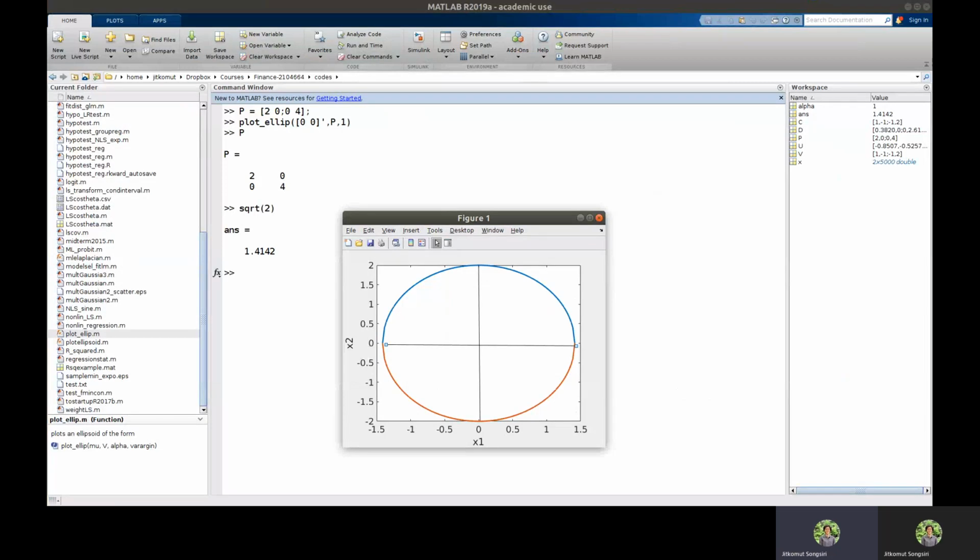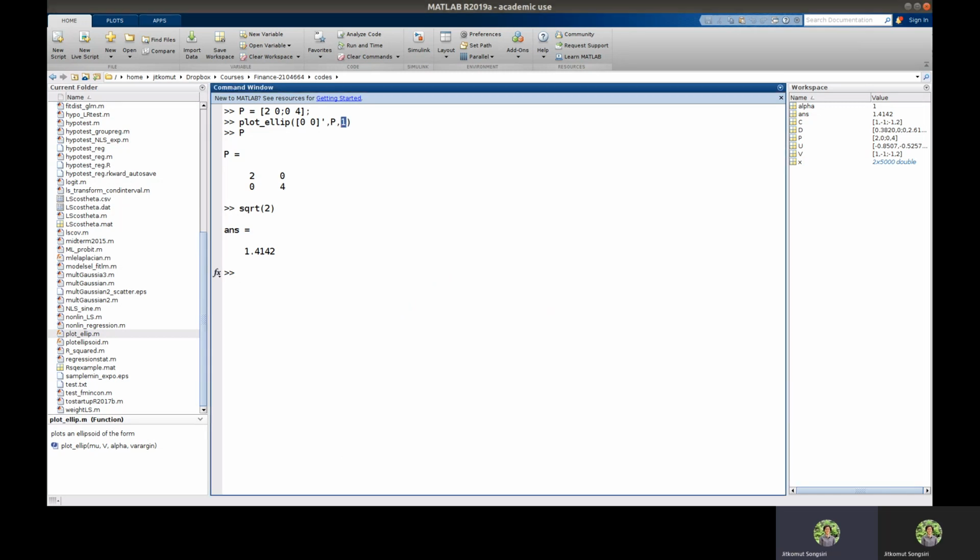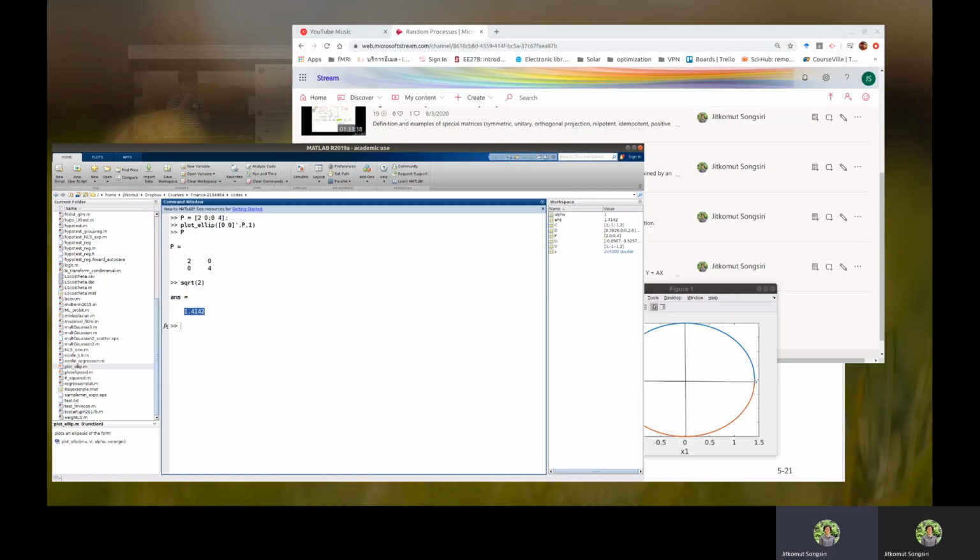And you see exactly that on the graph here. So this portion, the principal axis in the x1 direction, the width is supposed to be the square root of alpha lambda 1, where alpha is 1, and lambda 1 is 2.